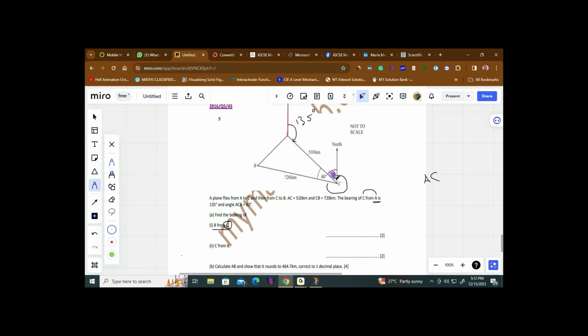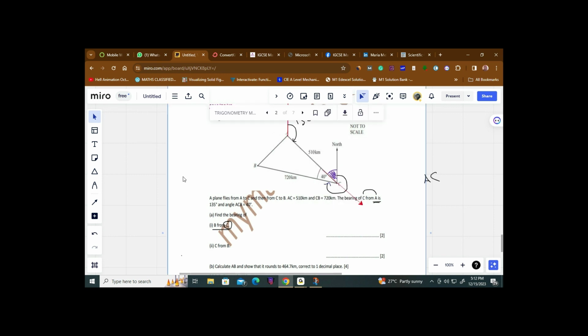Okay. So what to do? If I extend this AC line a little here, okay, I extend it like this, and then if I just draw here, according to the corresponding angle concept, you see these two north axes are parallel to each other, and this AC is behaving as a transversal. Okay? So whatever the angle over here is the angle over here according to the corresponding angle concept.